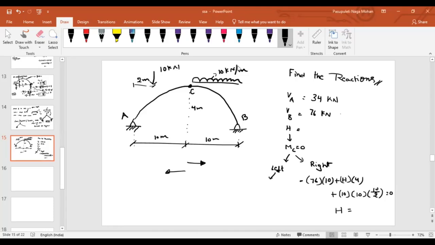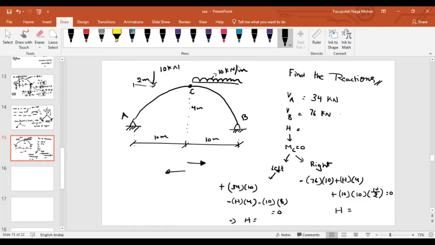Reaction at A is nothing but 34. 34 times 10 clockwise positive, because of the horizontal thrust anti-clockwise, minus H into 4, because the loading is also anti-clockwise, so minus 10 times, if it is 4, the remaining will be 8. That will be equal to 0. Whatever side you consider, you should get the same answer.